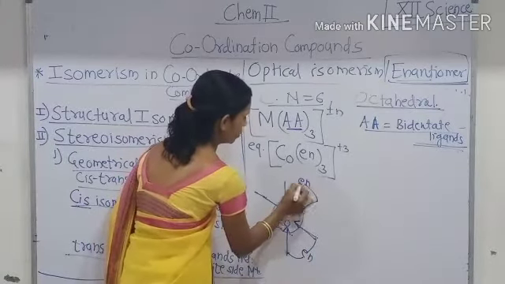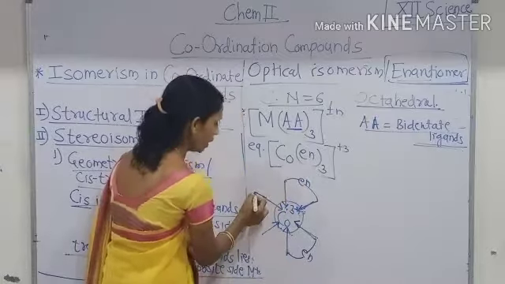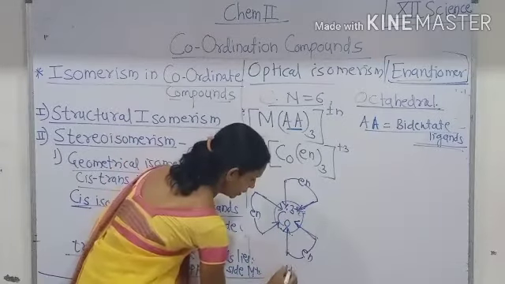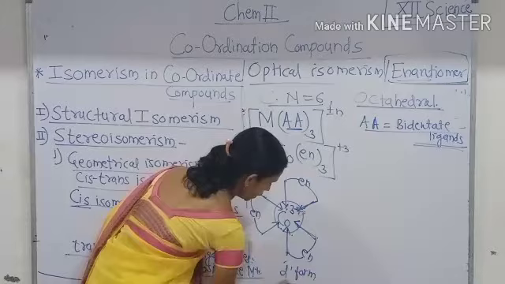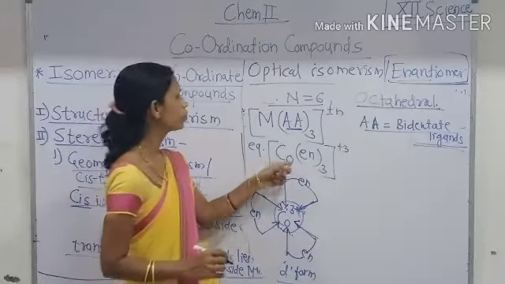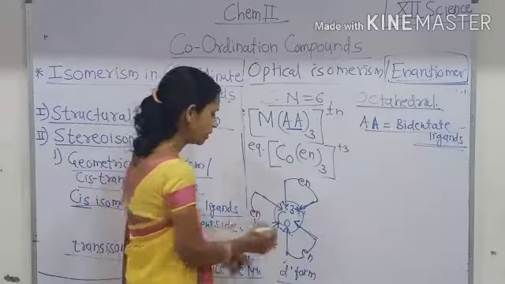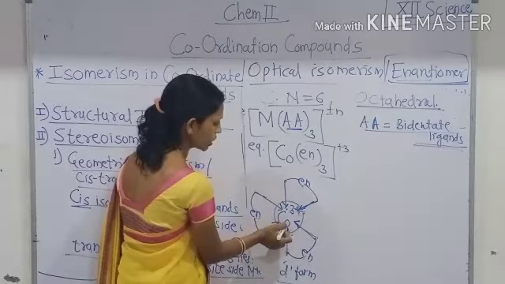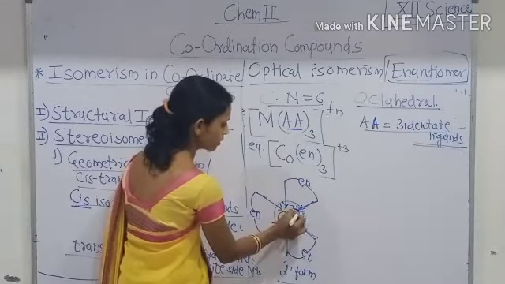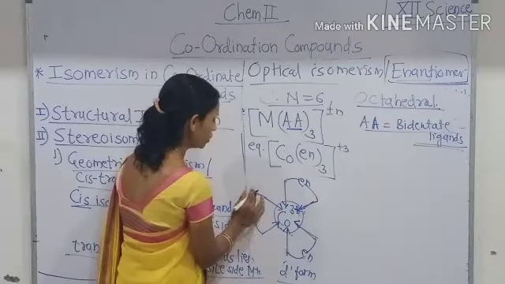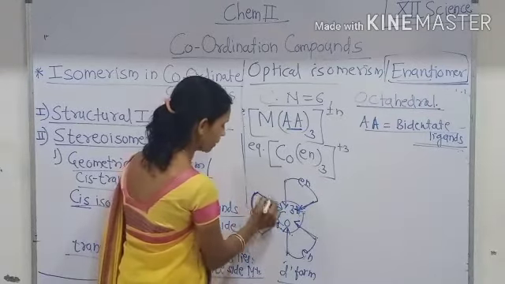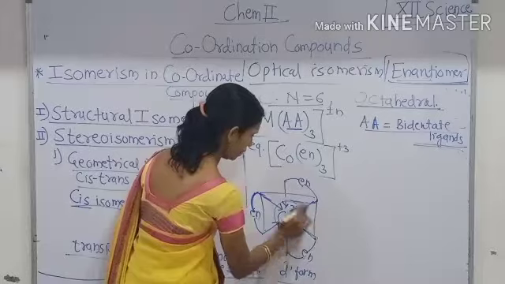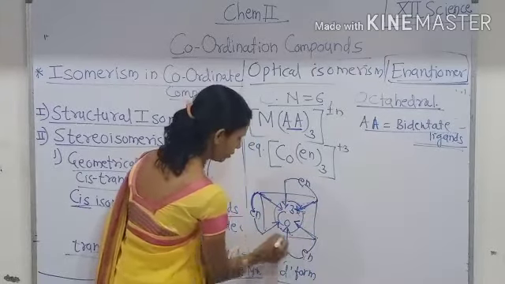Therefore we can draw the D form of the enantiomer shown by this coordination compound. See here, 3 ethylene diamine, that is bidentate ligands, surround the Co3+ ion, which has octahedral geometry.